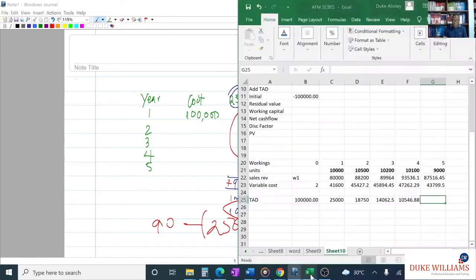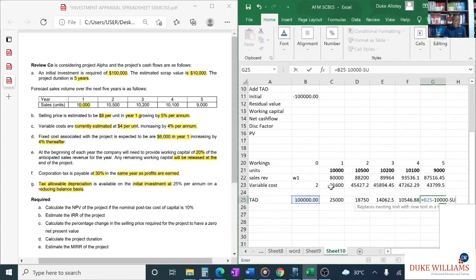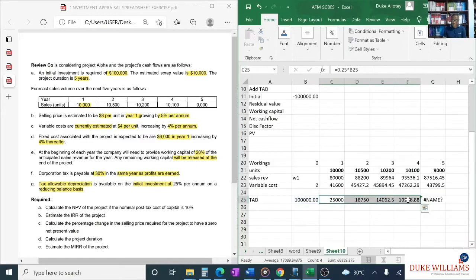So let's look at that. To get this, watch carefully. What I'm going to do is this bit is going to be equal to, first I have this take away 10,000, which gives me the 90. Then I subtract the sum of all these figures from that.